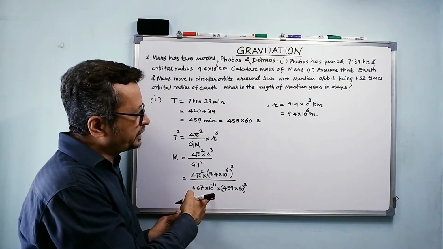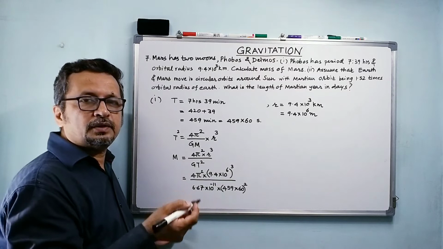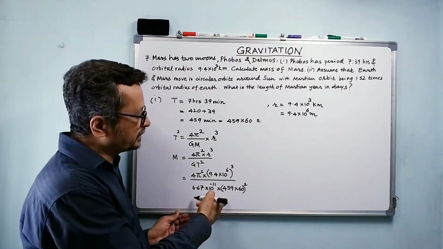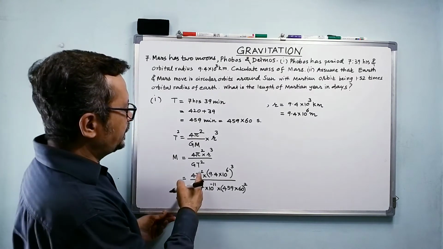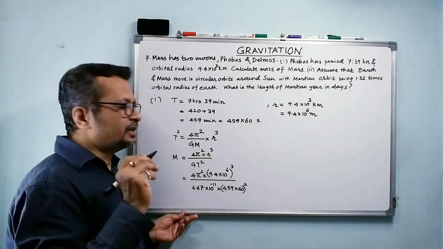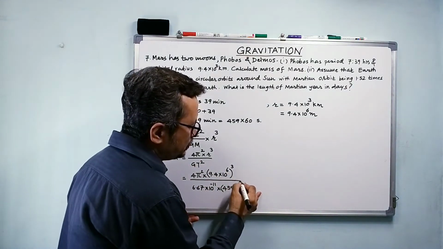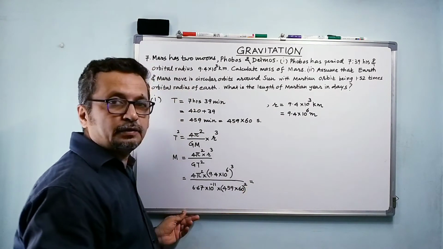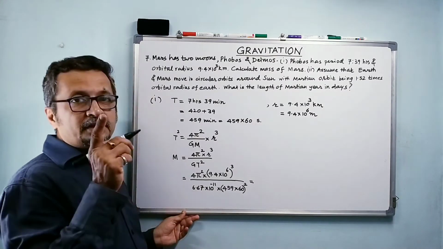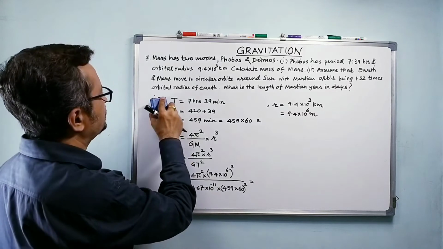So this whole thing, you are going to have about 10 raised to power minus 4 over here, and then finally when you get your answer, it is going to be of the order of 10 raised to power 23. So now this whole thing you can calculate using your calculators. Okay, now we will proceed with part 2 of the problem.